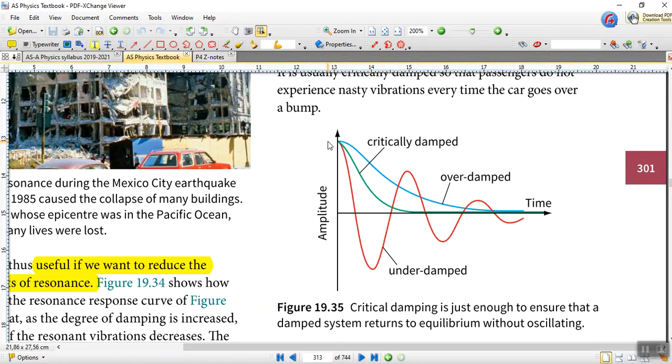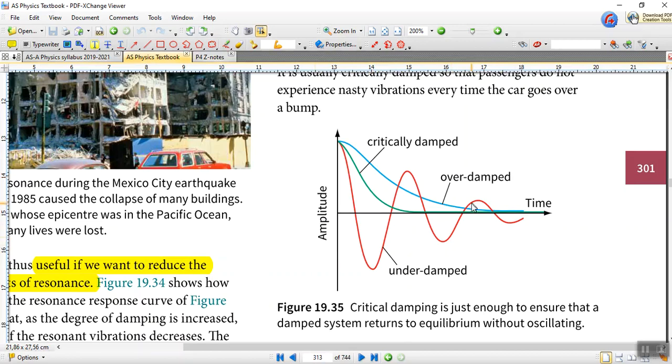Over damping will be like, I think, the boys' toilet door in the college side that closes very slowly. For a place like a toilet door, you want it to go quite quickly, but you don't want it to go to the opposite side. Now, under damping will create oscillation.